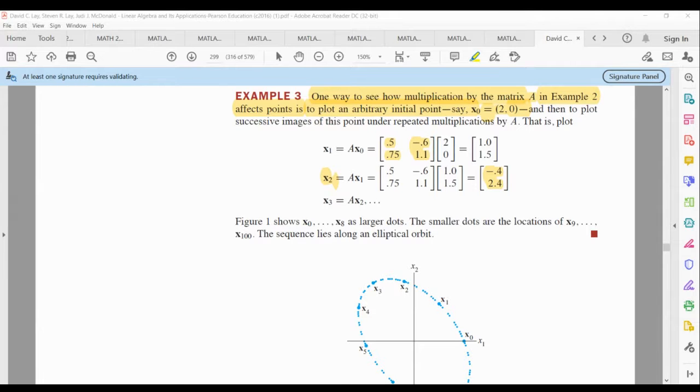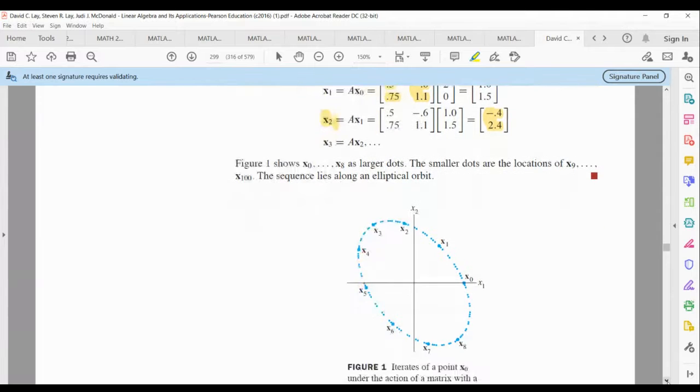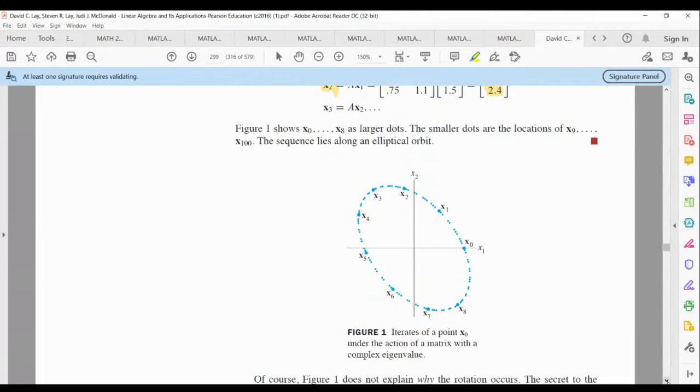If you continue this process and successively multiply the previous vector by the matrix A, the effect is that the sequence of these vectors lies along an elliptical orbit.